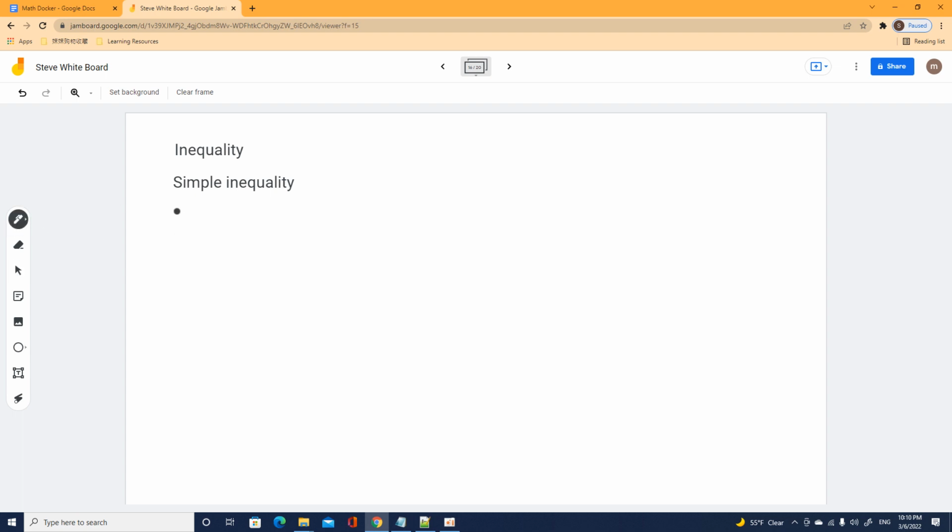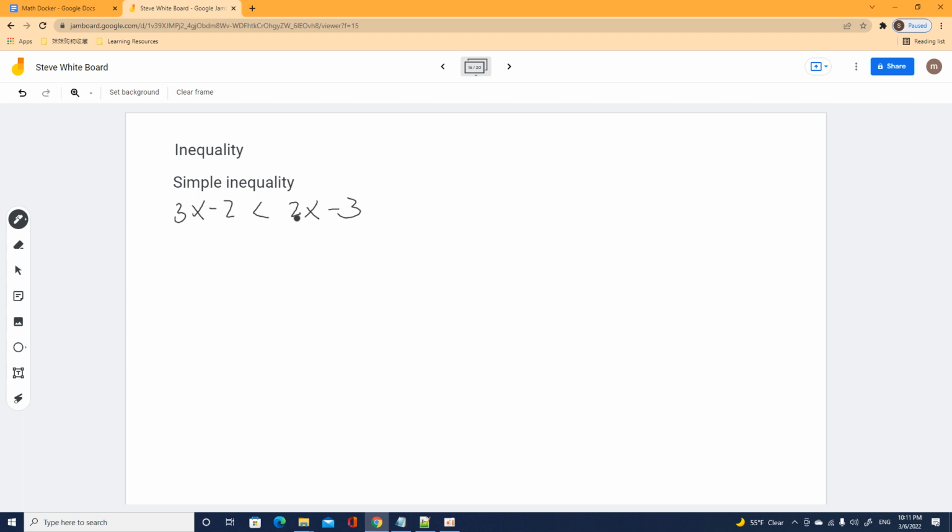For example, we have 3x minus 2 smaller than 2x minus 3. For simple inequality, it basically means we only have one expression for the inequality.